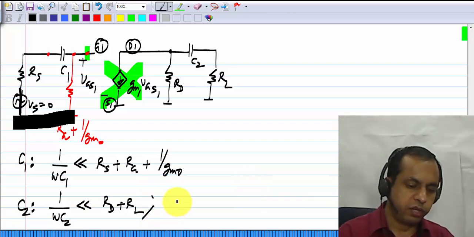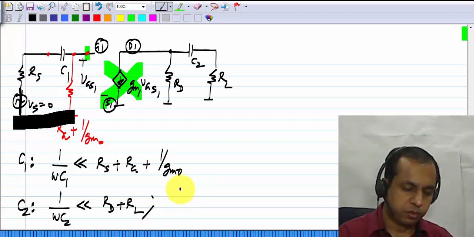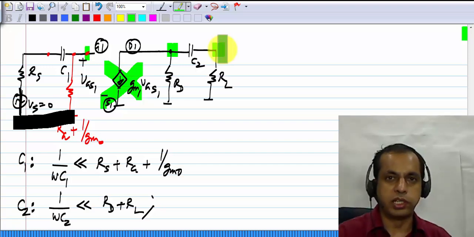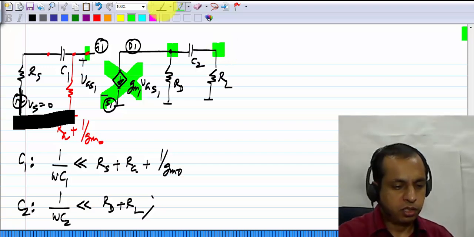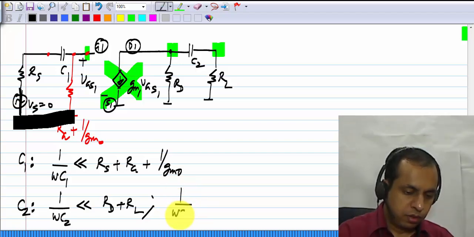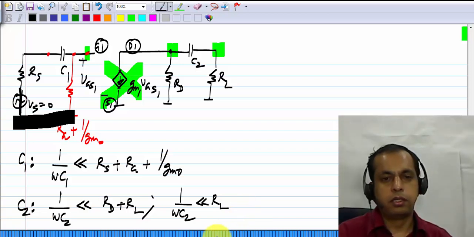Now there is an alternative criterion for C2, as we know, that is to make sure that this drain voltage and the load voltage are exactly the same in the incremental sense. So if you want to have that, then 1 over omega C2 must be much smaller than RL.